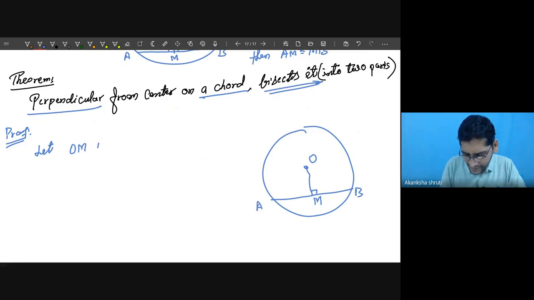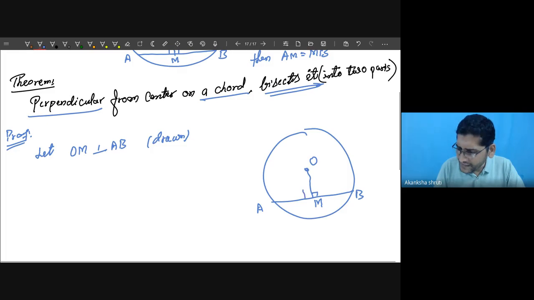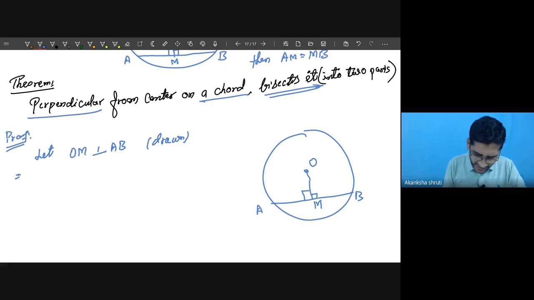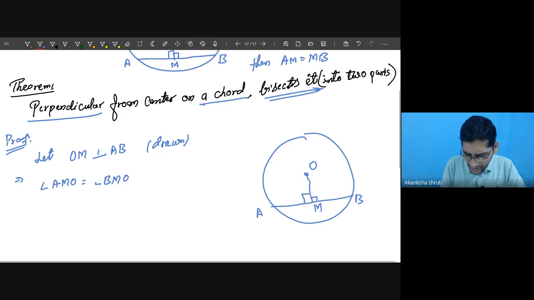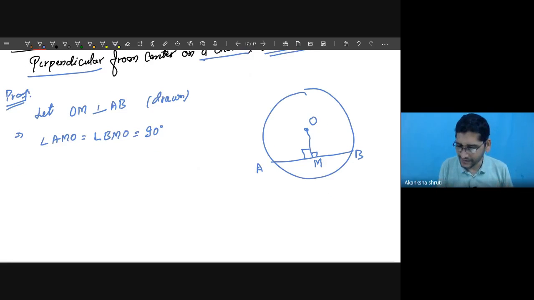This is drawn. So while this is perpendicular, what does it mean? It simply means angle AMO is the same as angle BMO, and each angle is how much, students? 90 degrees. Is it okay? Drawing perpendicular simply means this much.